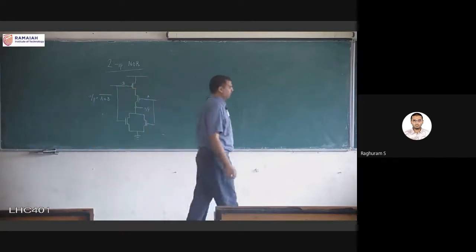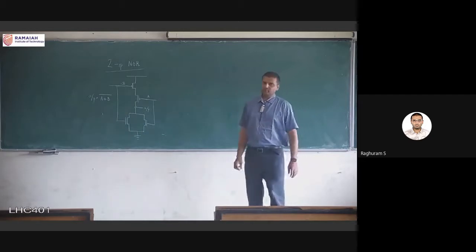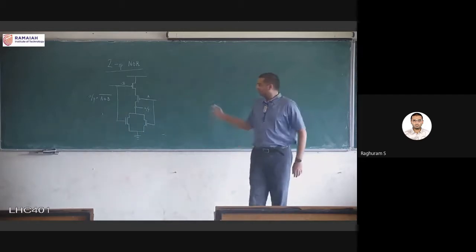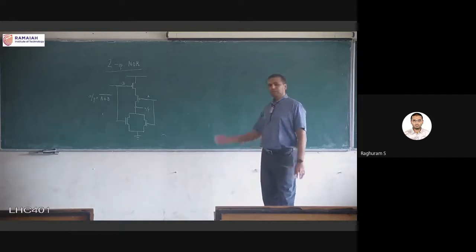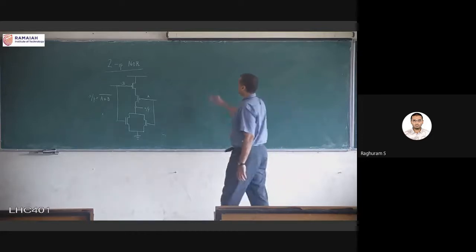Okay, so output equal to A plus B the whole bar. So this is our two input NOR gate, and you can do the analysis by yourself just to see if the truth table is equivalent to that function. Okay, and we will also draw three input gates.